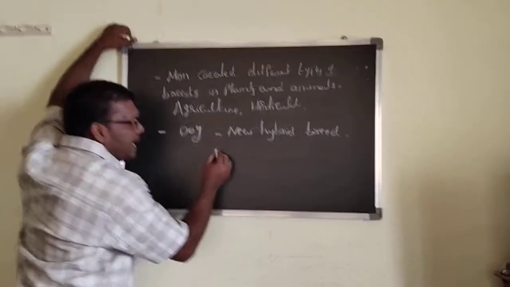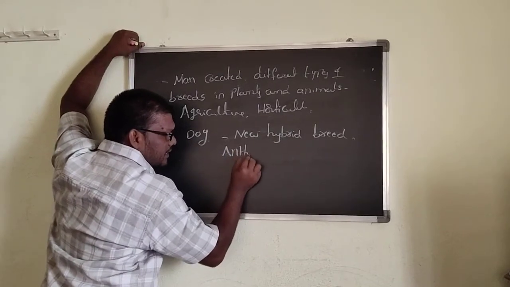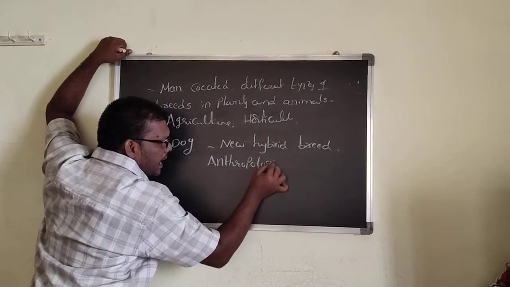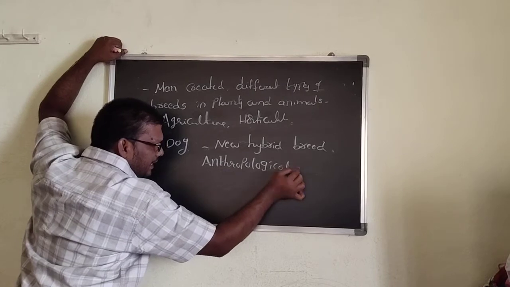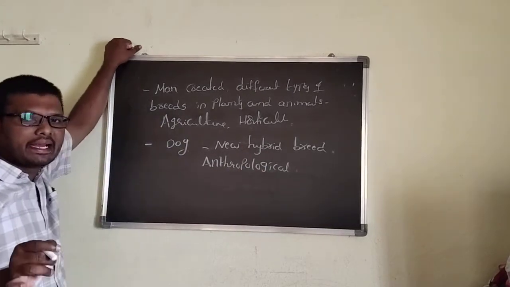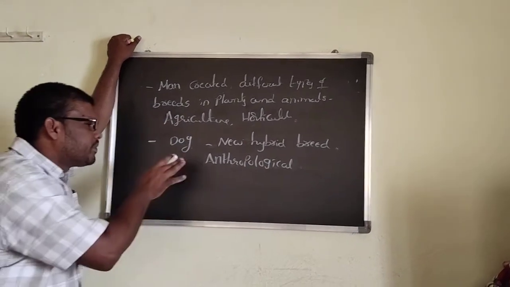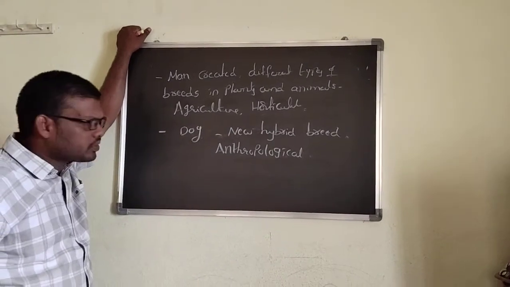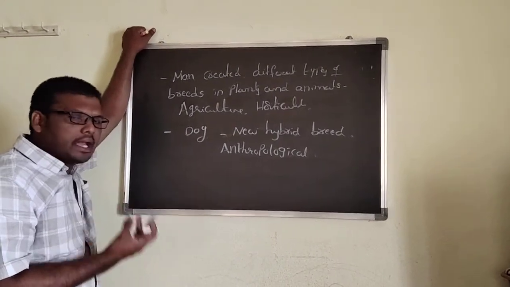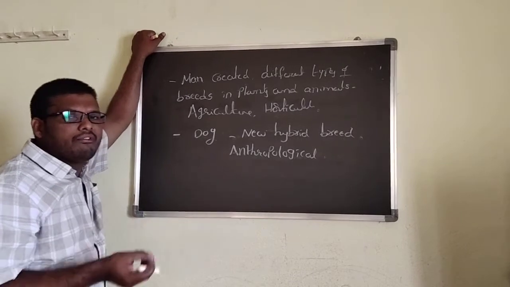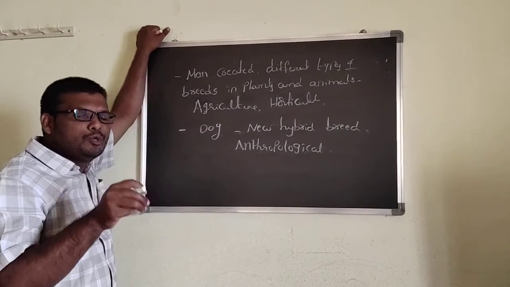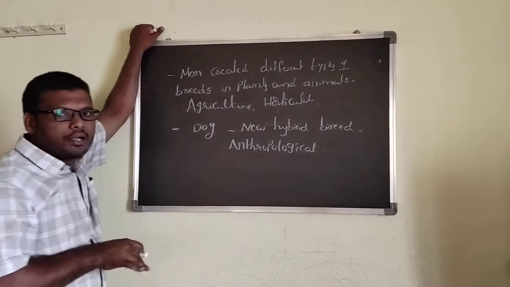That is called anthropological studies. Anthropological studies indicate that man-made activities show the anthropological nature. For example, you know the very familiar Husky dog. It is a new hybrid variety in dogs.